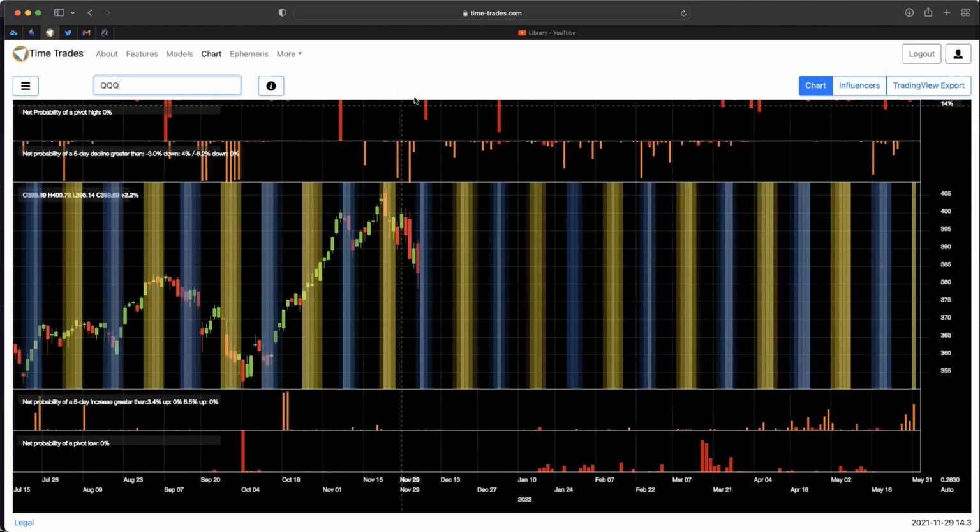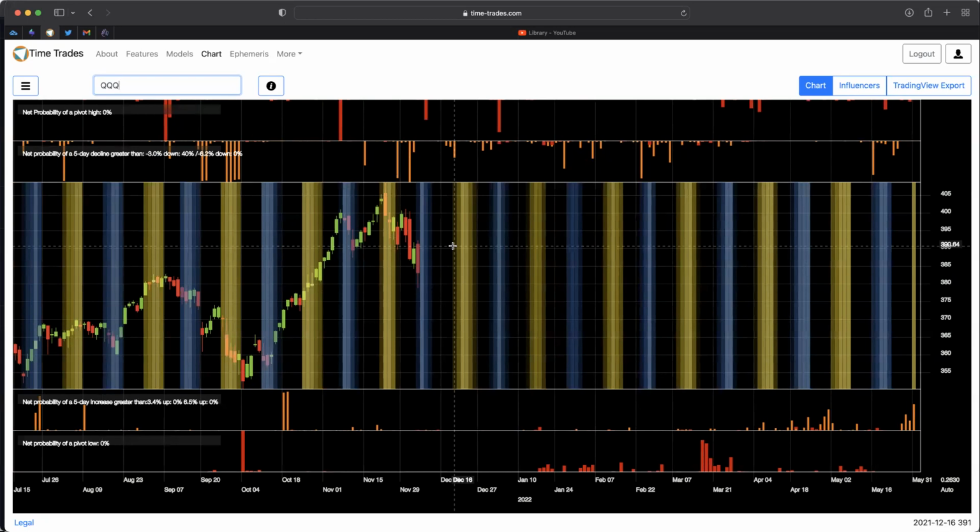Time Trades is forecasting a pivot high on Tuesday, December 7th. So we may see a little bit of a recovery here heading into Tuesday, and then a renewed drop. Now, in last week's video, we talked a little bit about Bitcoin leading the NASDAQ. So let's revisit that thesis and see how that's going.